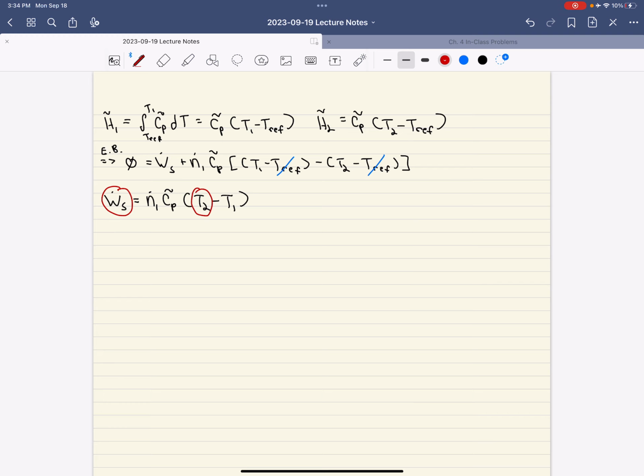From our energy balance, we actually have 2 unknowns at this point. This tells us that from the energy balance alone, we can't solve for all of our unknowns. So pause the video and think about what you should do next.